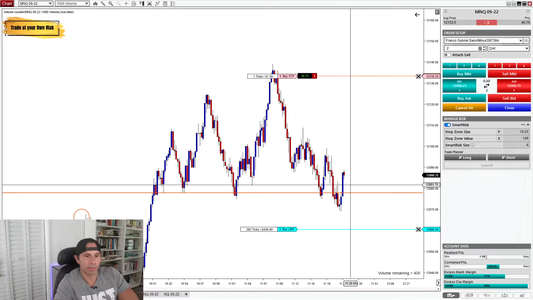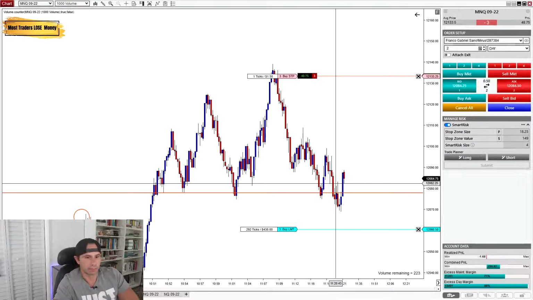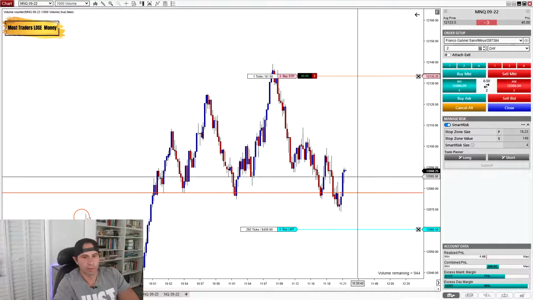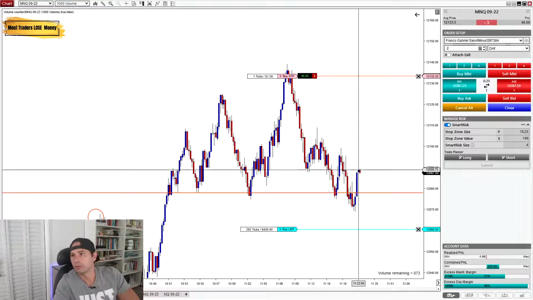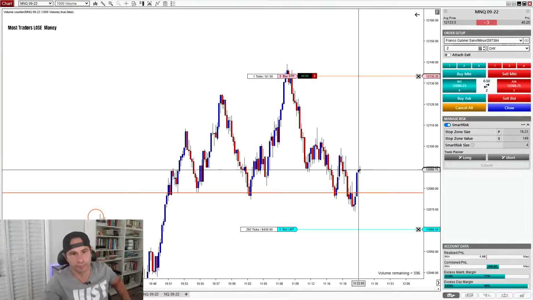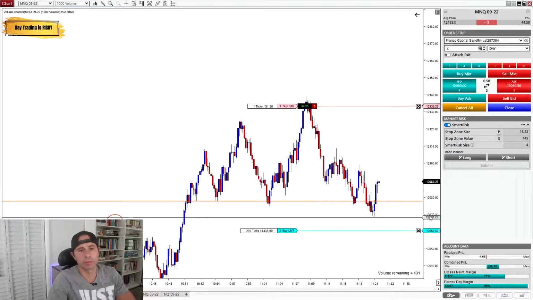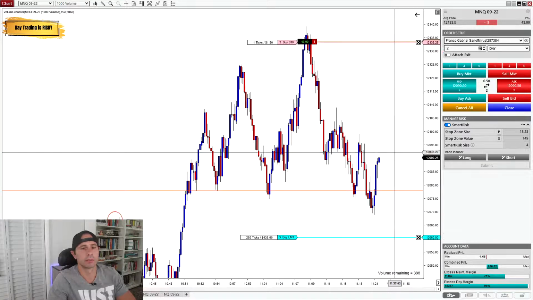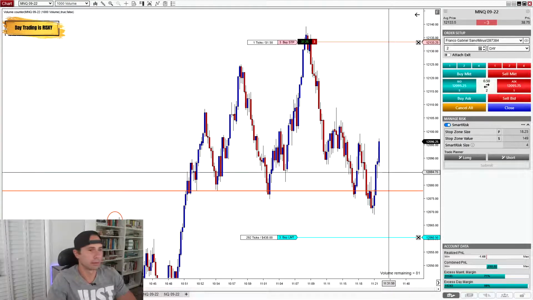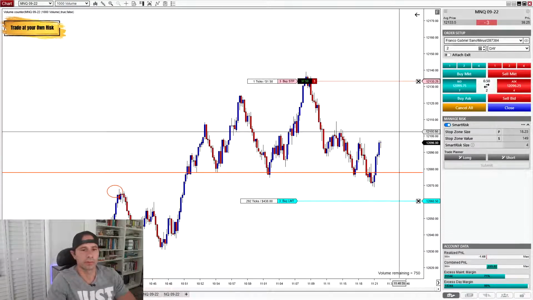But at this point, I think the tick chart is not breaking down. The weakness is not there. So we might hold this thing there. Nevertheless, still a 2 to 1 trade. There we go. So yeah, it might break to the upside. That's the reality.